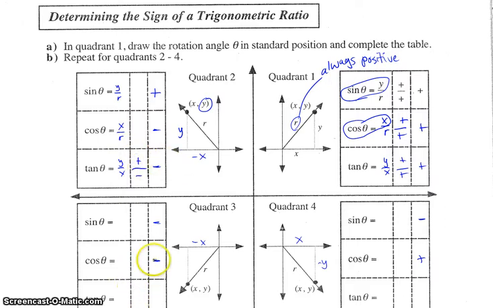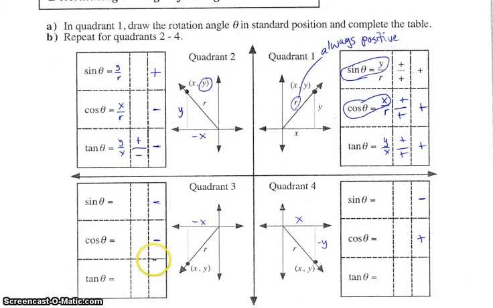Down in quadrant 3, the x is negative, the y is negative, so y over x is going to end up being negative over negative, which is positive. Quadrant 4, y over x, y is negative, x is positive, and the resulting tan is negative.